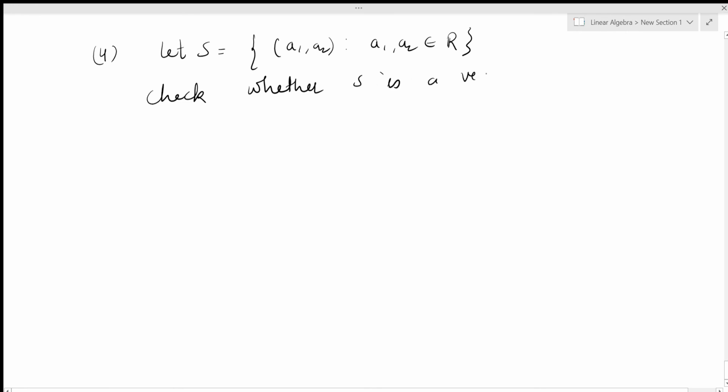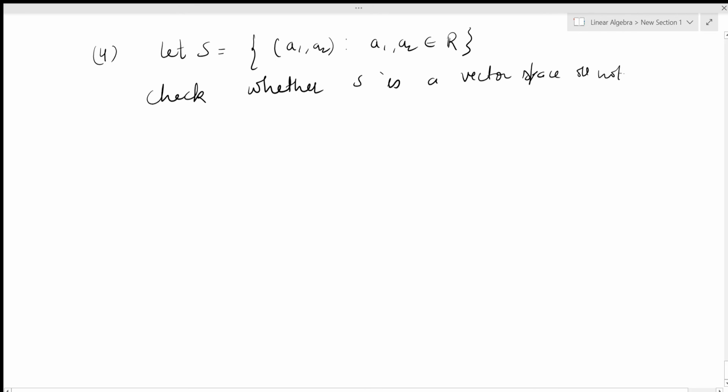Now there are some examples in which we have to check whether it is a vector space or not. So let's start with one example, that is, let S be the set of (a1, a2) such that a1, a2 belong to real numbers. This is your S, and we have to check whether S is a vector space or not.